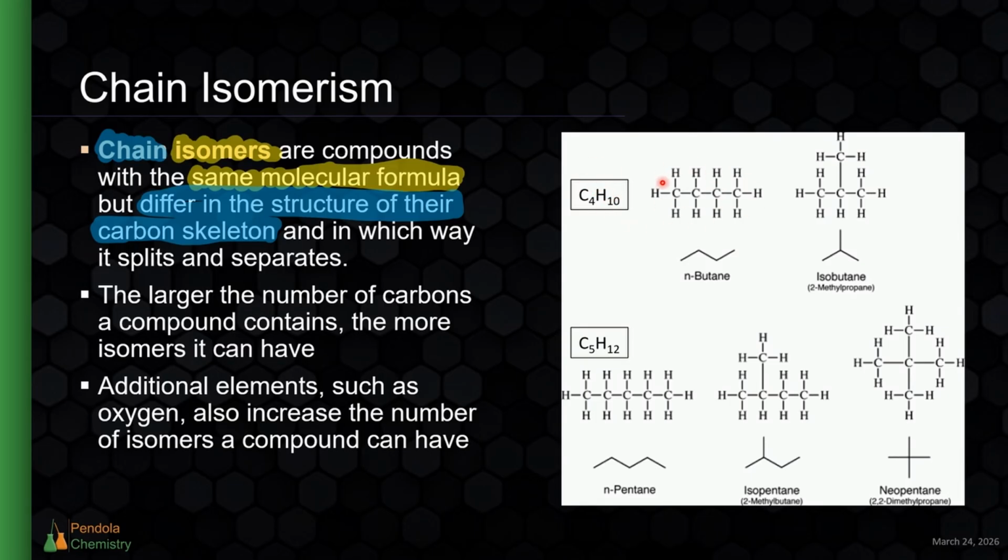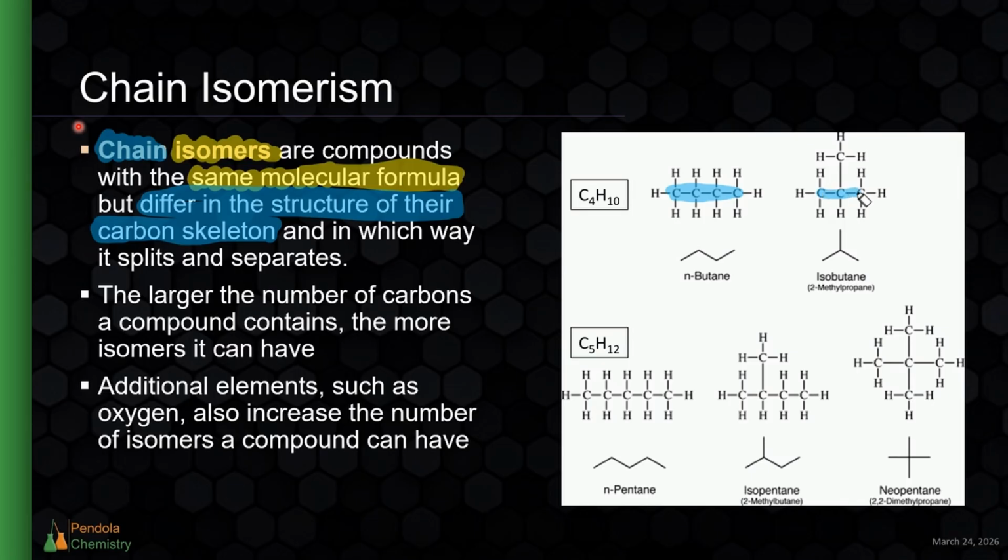There's n-butane, or what we just call butane, and there's what we call isobutane, but the proper name you will use will be 2-methylpropane. So why are these different? These are different because in butane, we have a straight carbon chain that does not branch. So we just have our 4 carbons in a row with the hydrogens on them.